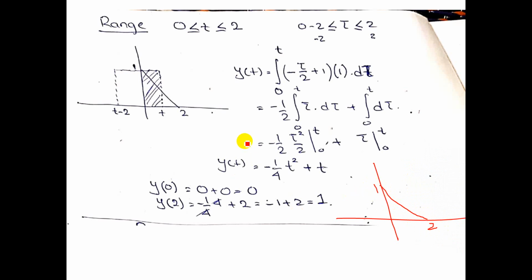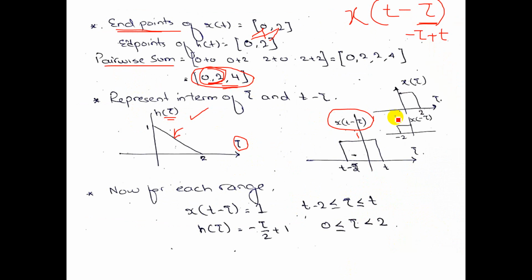This is a constant signal. The second signal, the x of tau, I need to take the signal and place it somewhere here. Importantly, remember that I need to place it somewhere so I can have the overlapping between the two signals, where one signal can come above the other signal somehow.